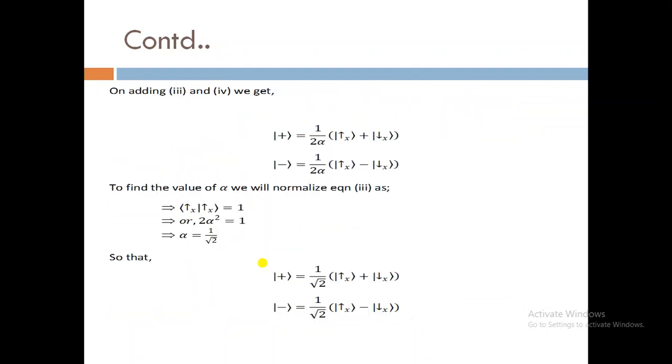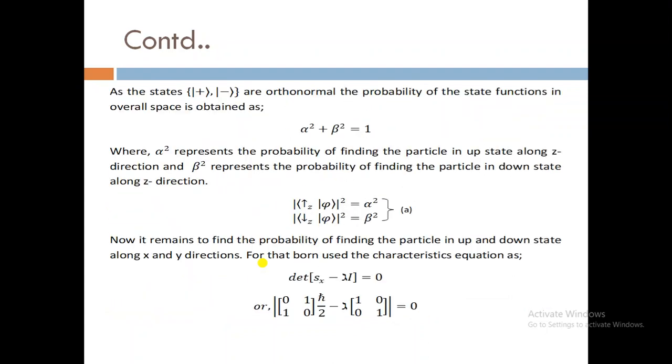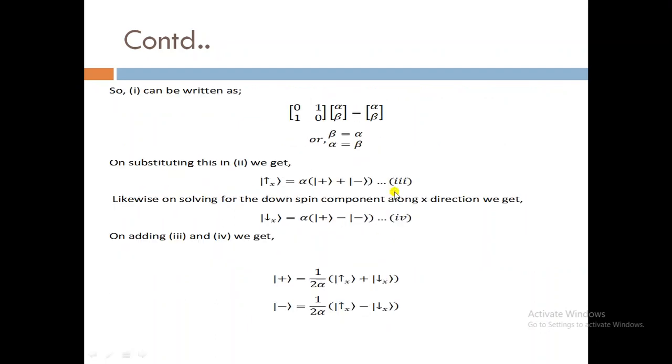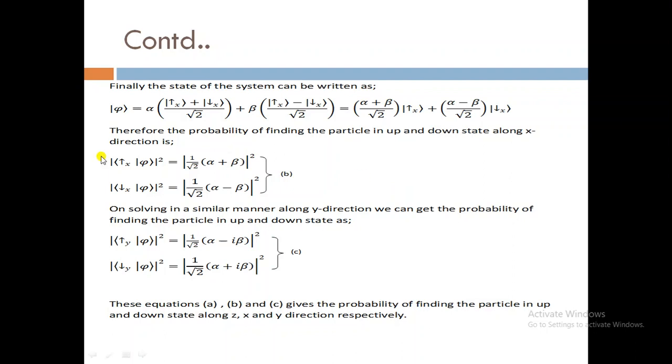So from equations a, b and c, equation a will represent the probability of the spin up and spin down state along the z direction, equation b will represent the probability of the spin up and spin down state along the x direction, and c will represent the probability of the spin up and spin down state along the y direction.